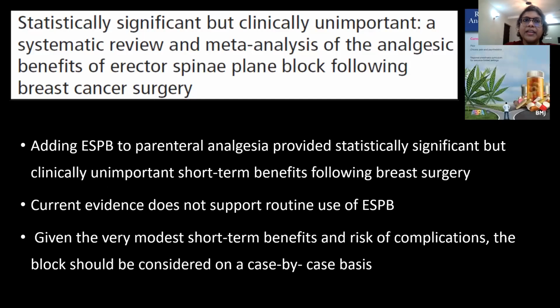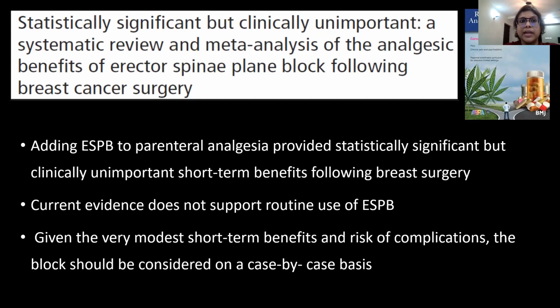So I believe ESP for breast surgeries is one of the most common fascial plane blocks, and we believe it is very effective. But this meta-analysis looked into the clinical effectiveness of the analgesic benefits of ESP for breast cancer surgeries, and they found out that adding ESP to parenteral analgesia provided statistically significant but clinically unimportant short-term benefits.